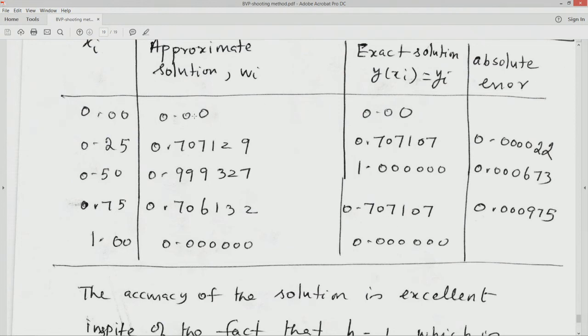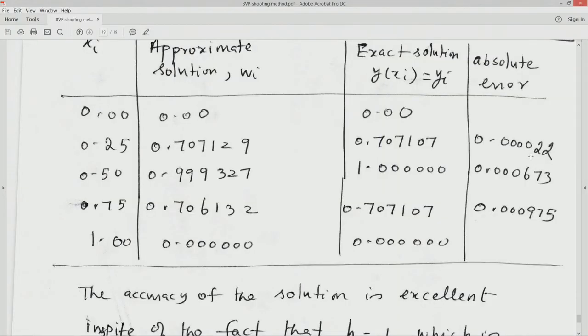We now compare our approximate solution at each of the xi with the exact solution at that xi, and we observe that the accuracy is quite good. There is an excellent matching between the approximate solution and the exact solution, and the absolute error is negligibly small.